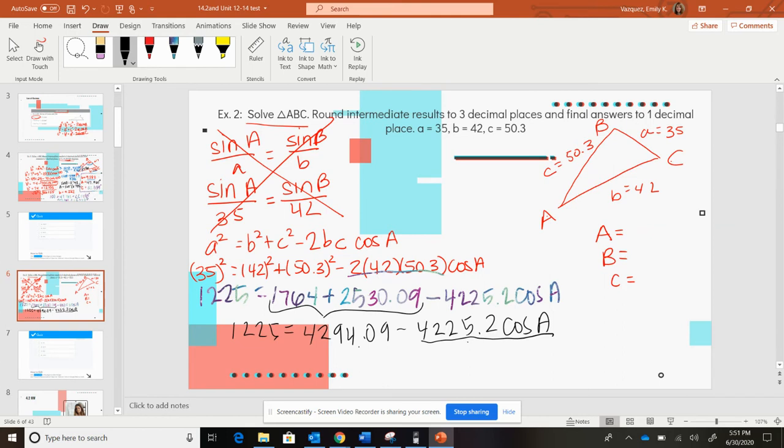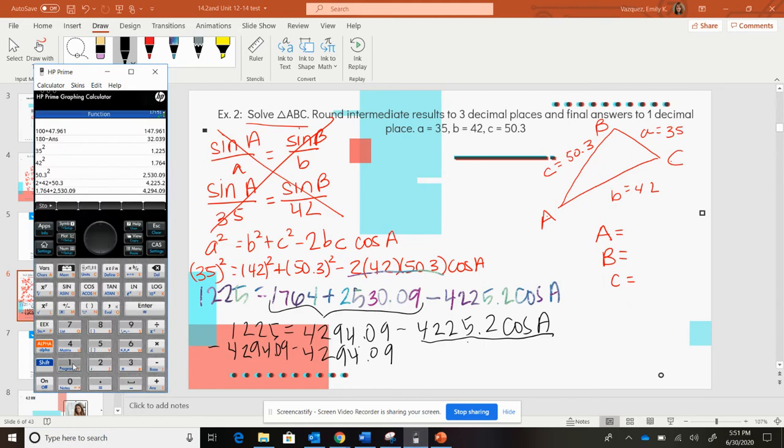But what I can do is I can subtract this on both sides. Let's see what that is. So see how tedious this question is? You just have to go really slow. 1225. And this question will actually be quite a bit easier on your test because you're only going to have one piece that you need to find, not the whole problem.